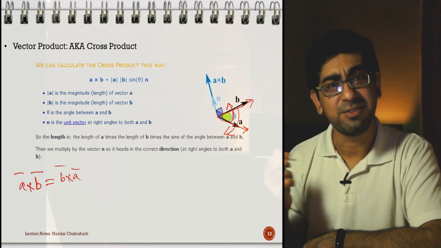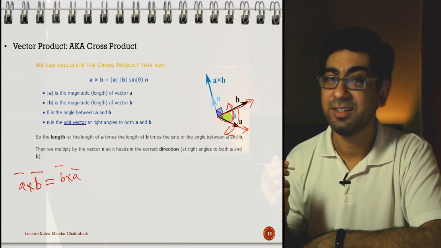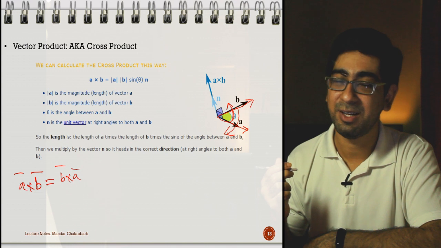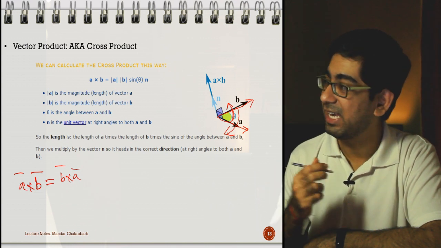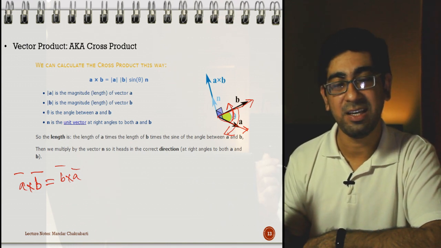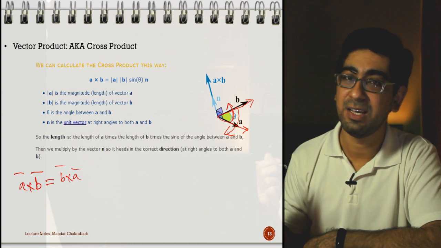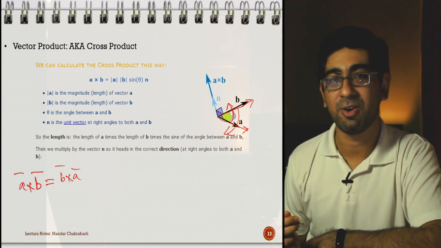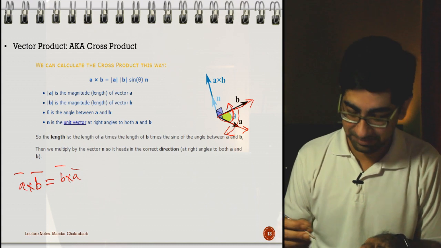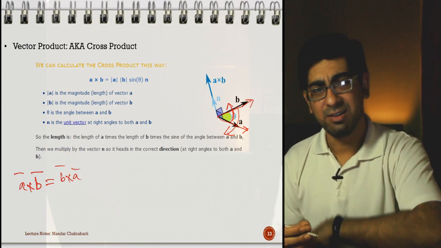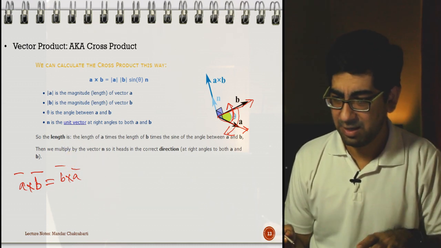One other thing you can understand is that A cross B should be the negative of B cross A, and I will show that to you also.